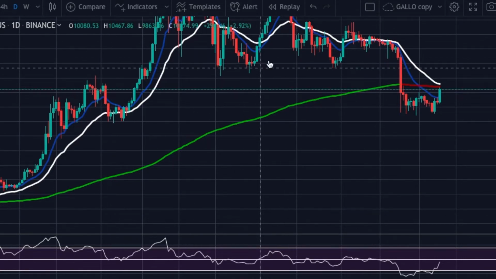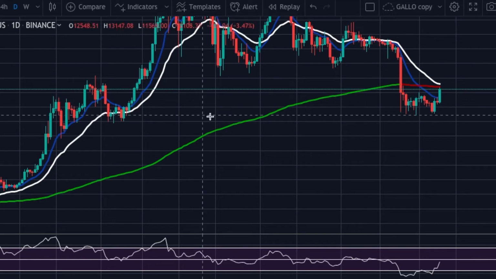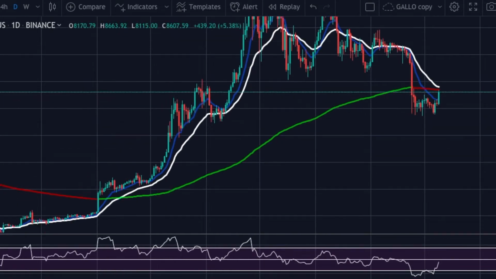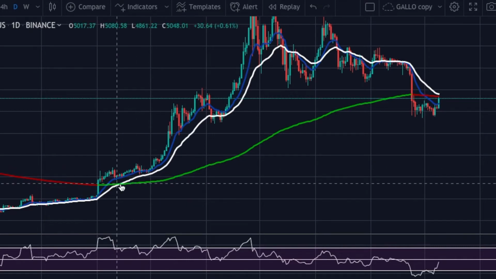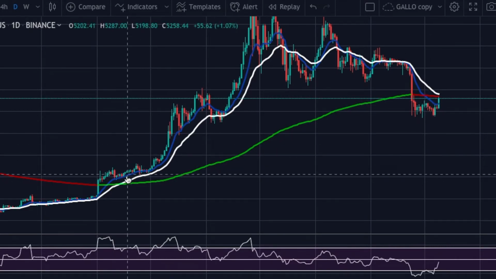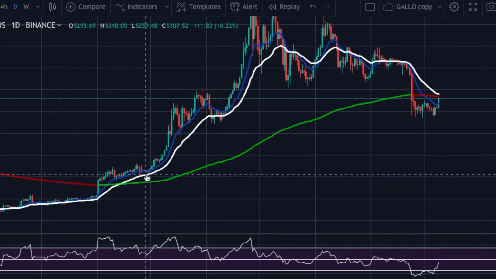That means that we are in an uptrend on the daily time frame and in every time frame. All right. But the requirement of this strategy is you have to check first if the 26 is above the 200 EMA, and once this happens, you buy.